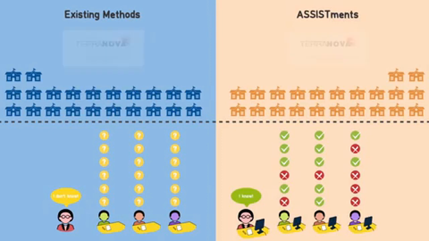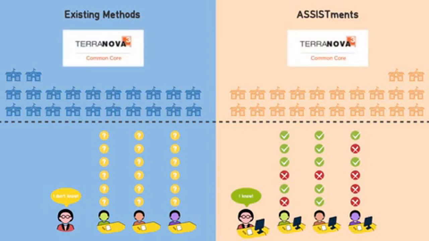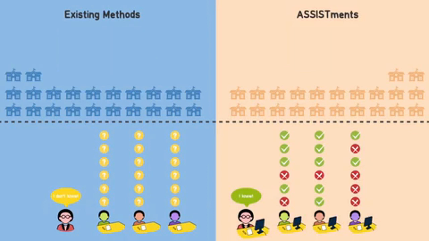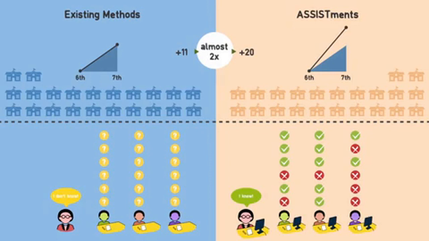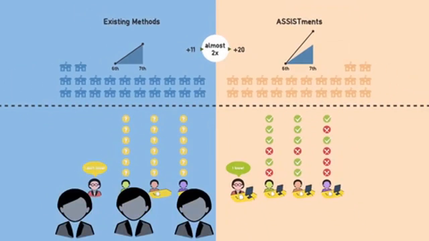Learning was measured by a standardized test called Terra Nova, used by many schools across America. Terra Nova analysis reports that from the end of the 6th grade to the end of the 7th, the average U.S. student normally improves by 11 points. On the other hand, students using assessments had an average improvement of 20 points, almost doubling the amount students normally learn in a year.